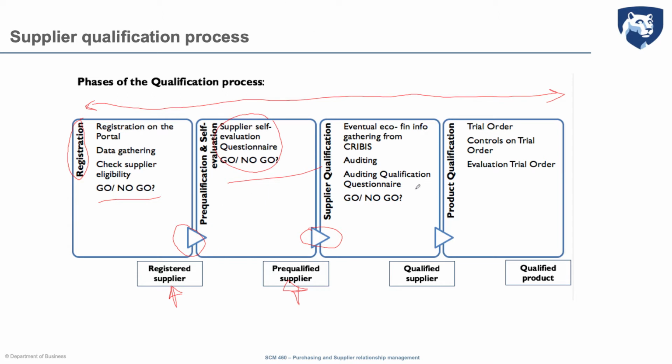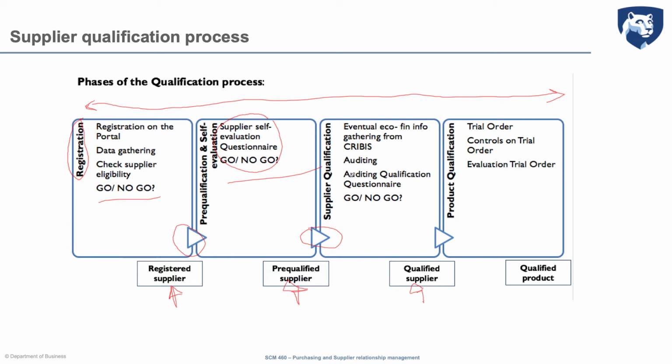Then, of course, this pre-qualification is made against information provided by the supplier. Of course, the company needs to make an evaluation also according to external and objective information about the supplier.